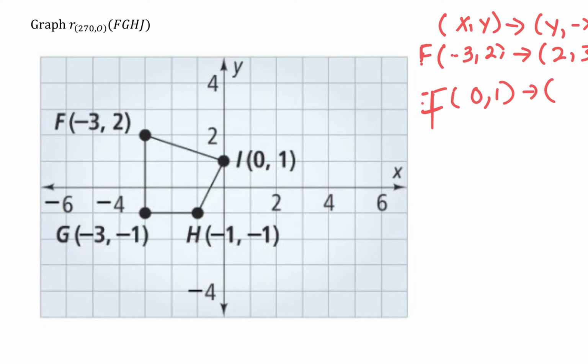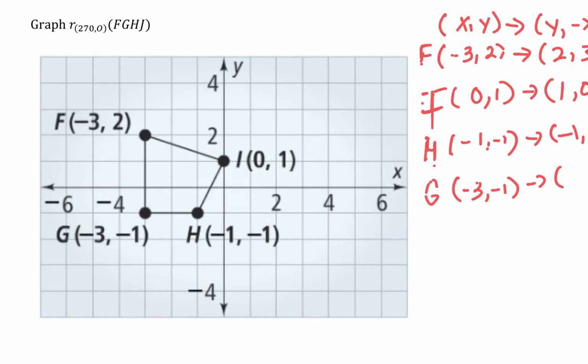So once again, it's going to change to (1, 0). That's I. H is (-1, -1), so that's going to change to (-1, 1). And then G is (-3, -1). So that changes to (-1, 3).